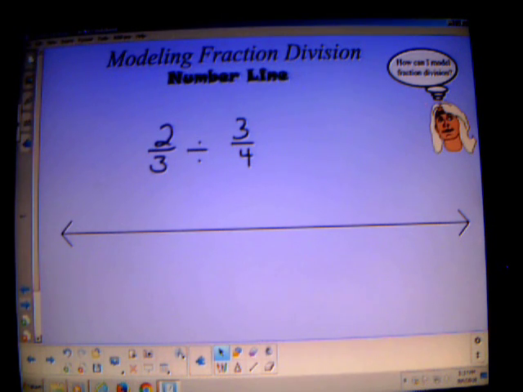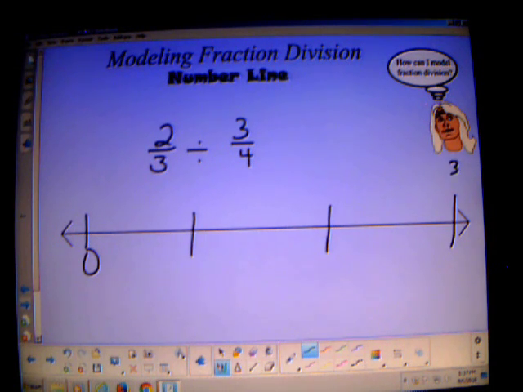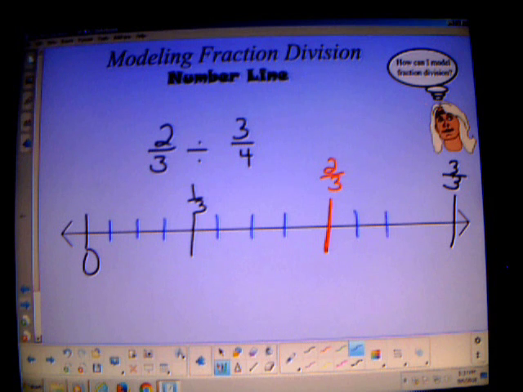On our next problem, I divide by my dividend, divide by my divisor. I divide each section into fourths. Next, I find an equivalent fraction for my divisor.